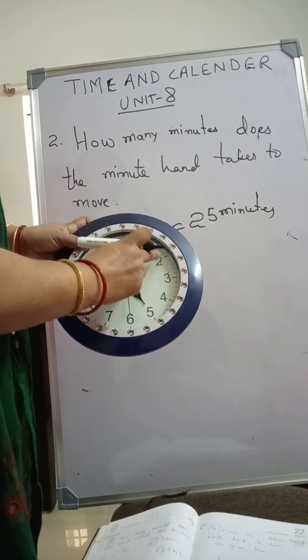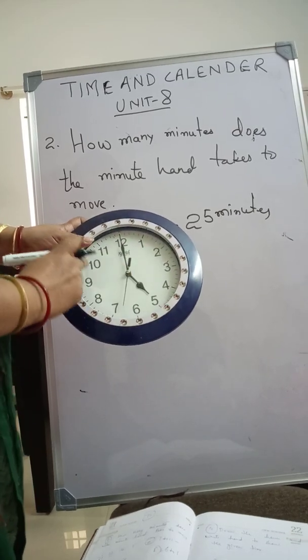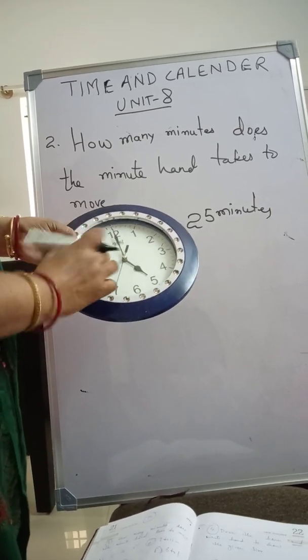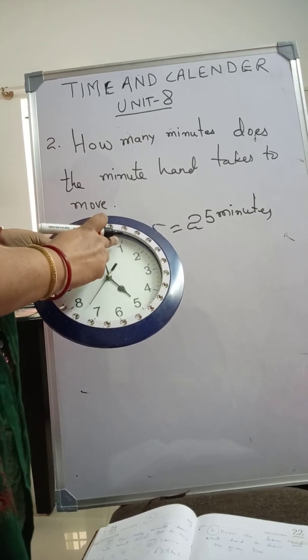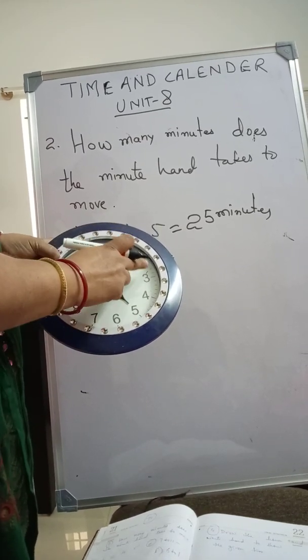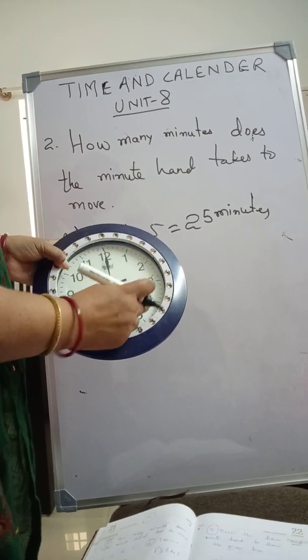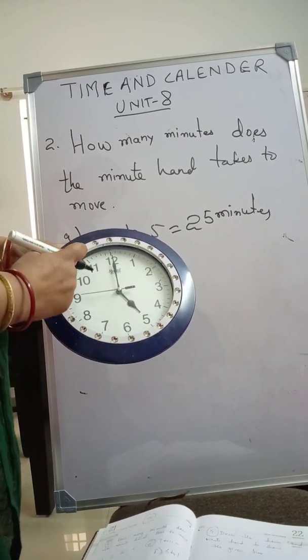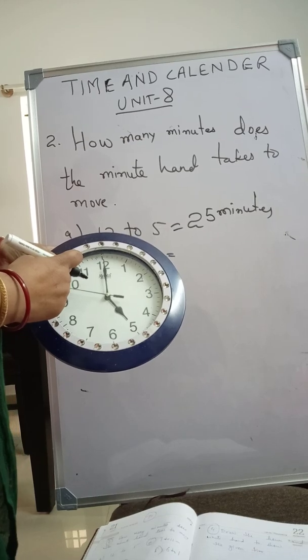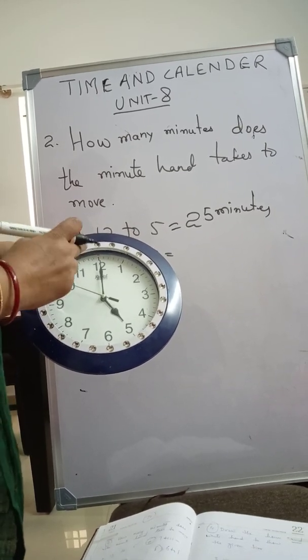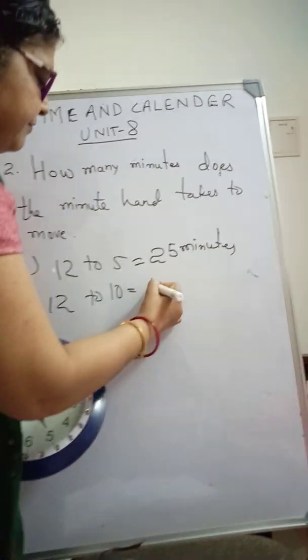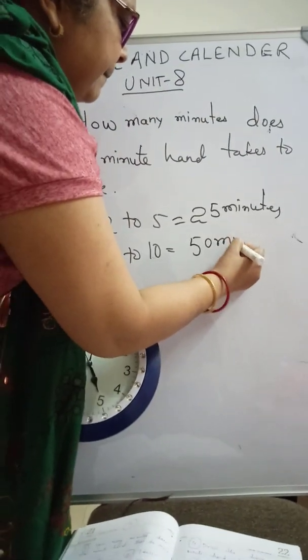Now we have to move it from 12 to 10. So how many minutes will it take? From 12 to 1 is 5, then to 2 is 10, 3 is 15, they are multiples of 5. So 1, 2, 3, 4, 5, 6, 7, 8, 9, 10. How many minutes will it take? 5 into 10, that is 50 minutes.